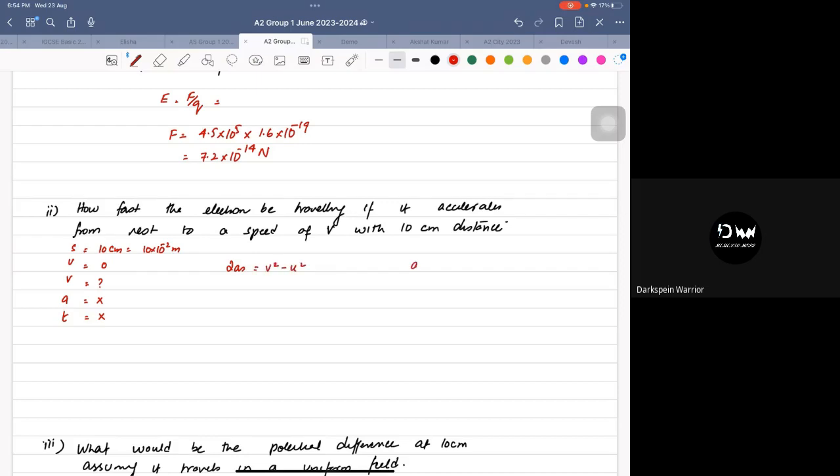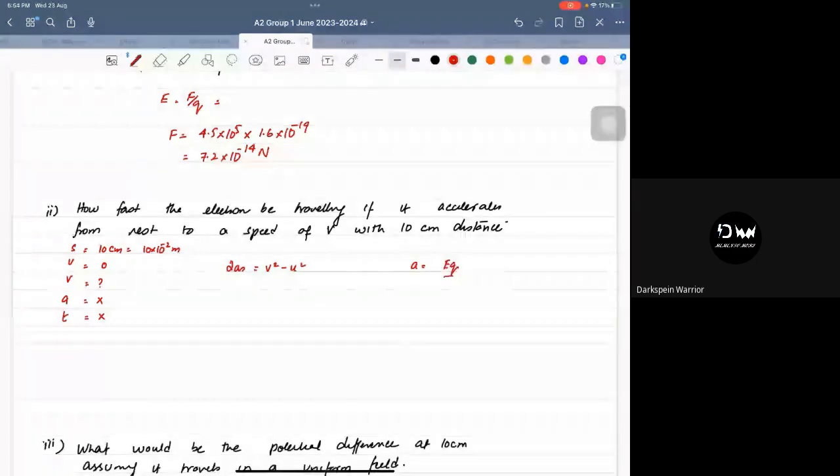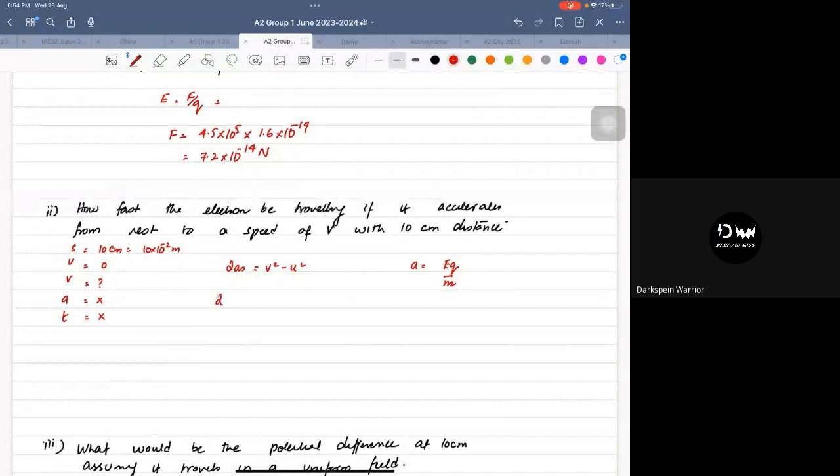We know that acceleration in an electric field is Eq over m. We've just learned this. So 2 times Eq over m will be equal to v squared and initial speed is 0, like that. So it means v will be given by the square root of 2Eqs over m. So this is what we're going to do, right?